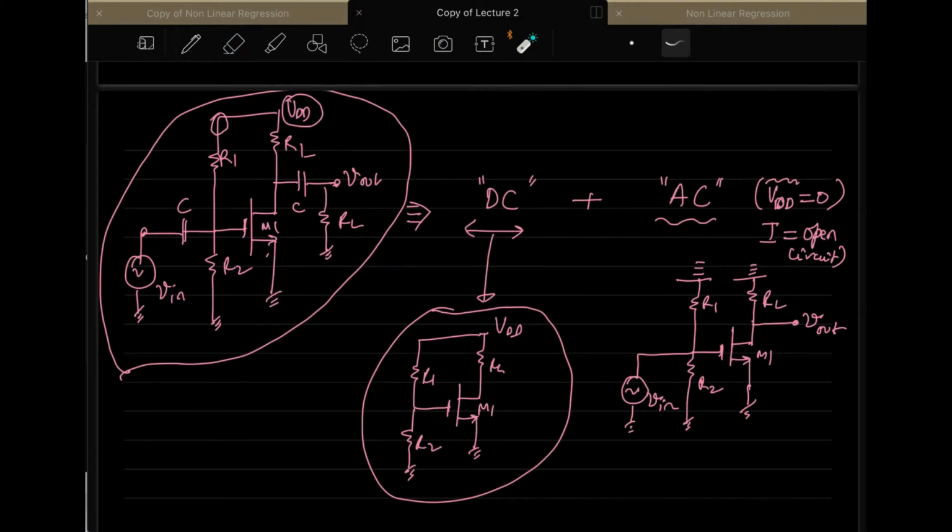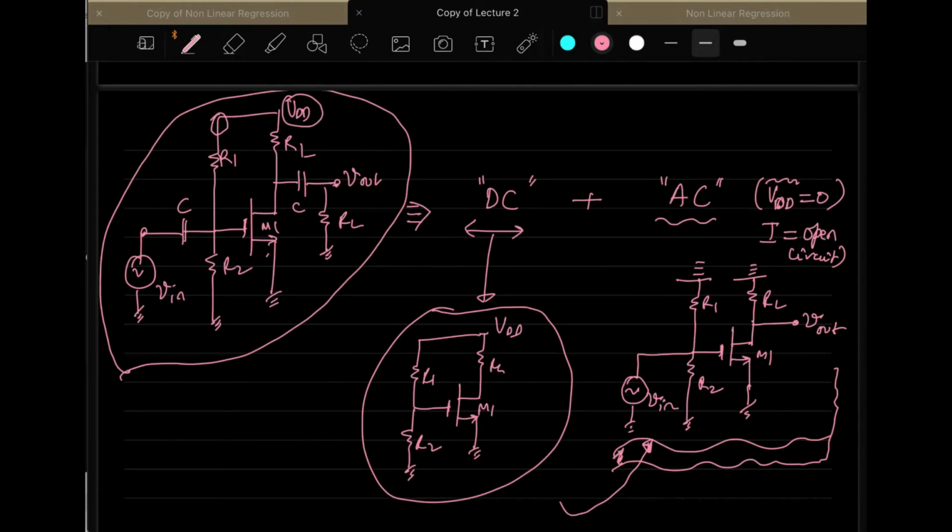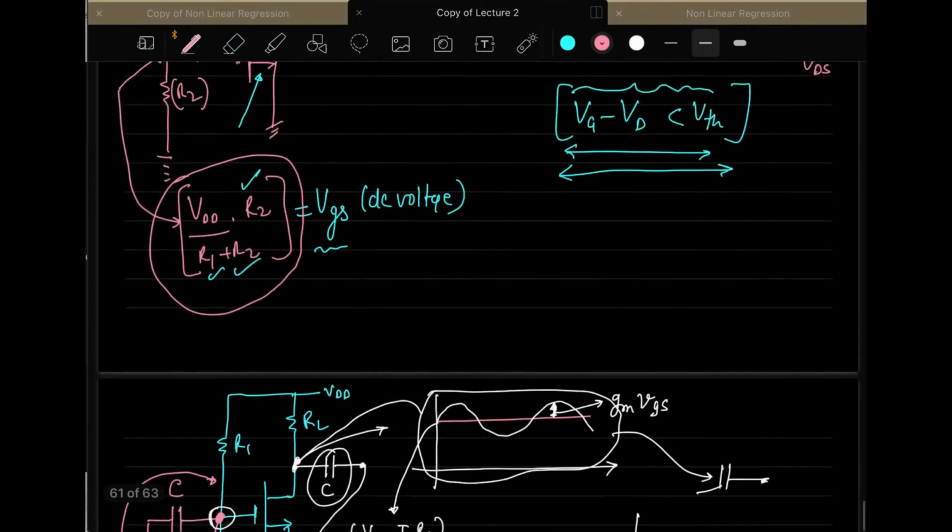So in this lecture today, we will discuss these types of circuits. This circuit will be discussed, and its variants will be discussed, and we assume that the transistors are biased properly in saturation, and that's why we can replace all these MOSFETs M1 by their corresponding linear circuit models, which we have discussed here.